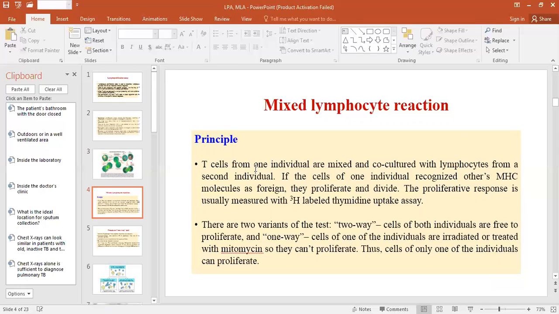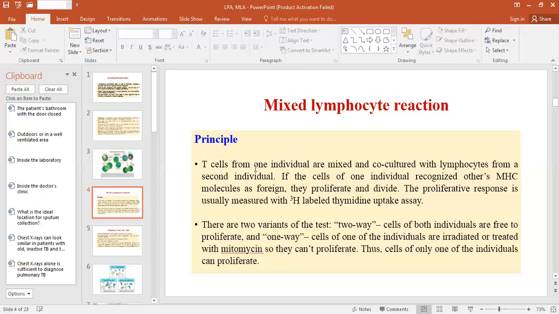So in short, it mixes populations of lymphocytes together and measures the reaction that occurs. We can measure the disparity in major histocompatibility complex antigen between individual to individual. Particularly, the potential immune activity or immune suppressive effects of drugs can be determined using this assay.